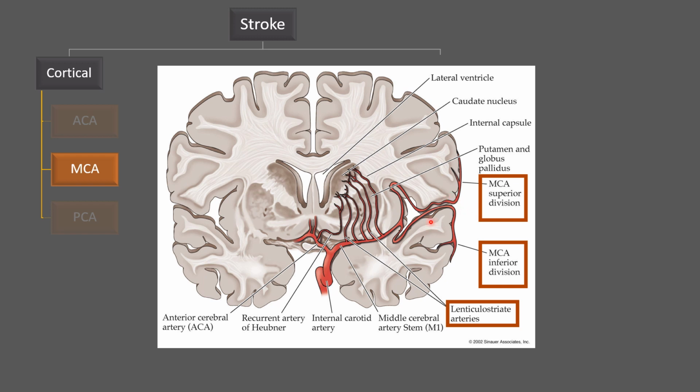In rare circumstances, the inferior division may be involved, which will lead to visual cortex infarction and homonymous hemianopsia without macular sparing.